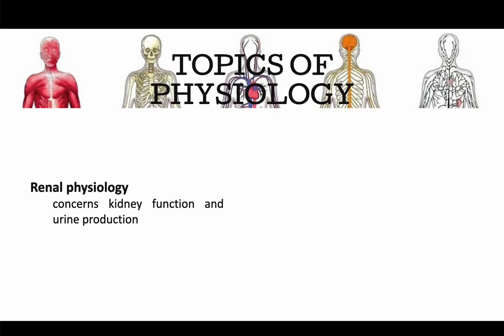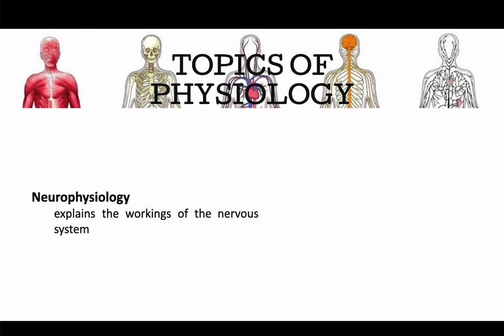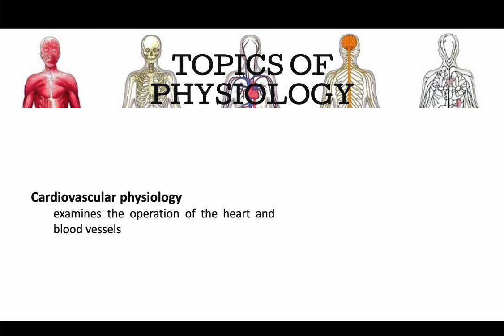So for your physiology, first we have your renal physiology. This concerns your kidney function and urine production. For your neurophysiology, it explains the workings of your nervous system. Your cardiovascular physiology examines the operation of the heart and blood vessels.